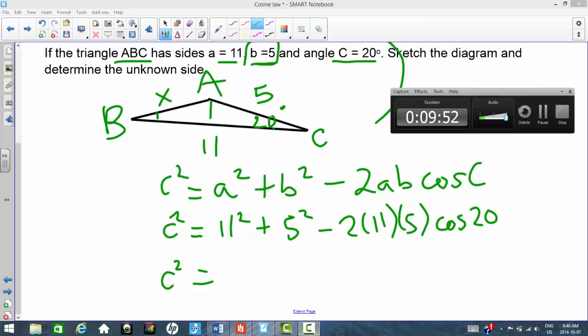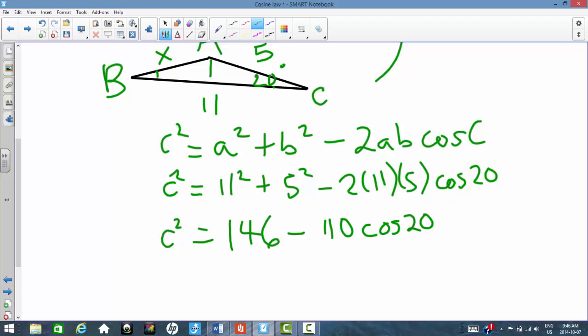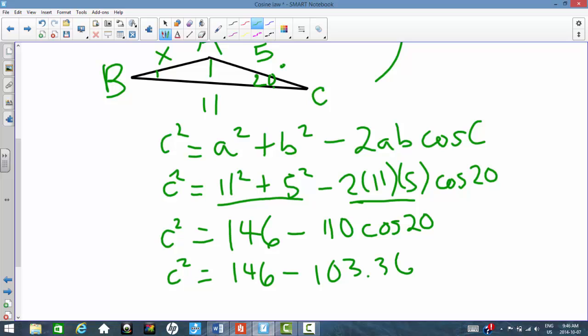Again, I'm going to pause the video. I did these two and I got 146, and I multiplied that, I got 110. Now I'm going to enter the rest into my calculator. So I go 110 times cos 20, making sure my calculator's in degrees, and I get C squared equals 146 minus 103.366.